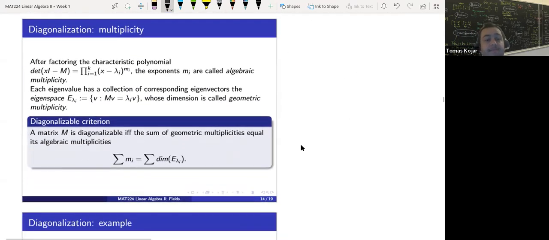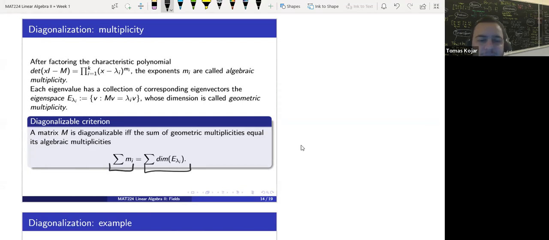All right, in the notes under the section, they prove this result, namely that a matrix M is diagonalizable if and only if the geometric multiplicities equal the algebraic multiplicities, the exponents, that is, the sum of the dimensions equals n. If you have that, then your matrix will be diagonalizable.